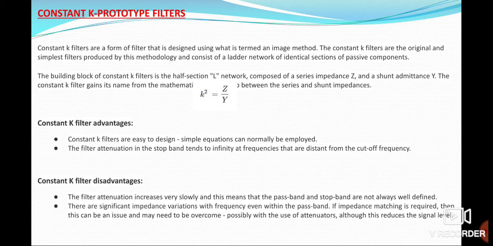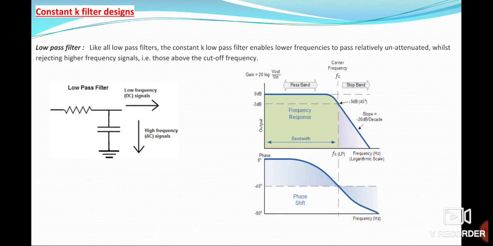The filter attenuation increases very slowly, and this means that the passband and stop band are not always well defined. There are significant impedance variations with frequency even within the passband. If impedance matching is required, then this can also be an issue and may need to be overcome, possibly with the use of attenuators, although this reduces the signal level.